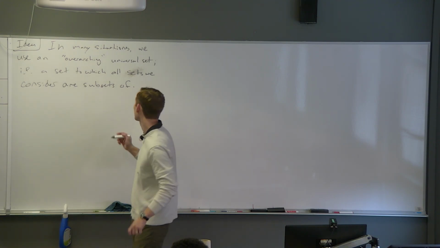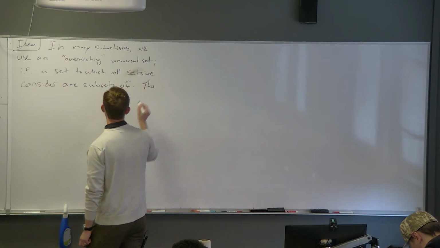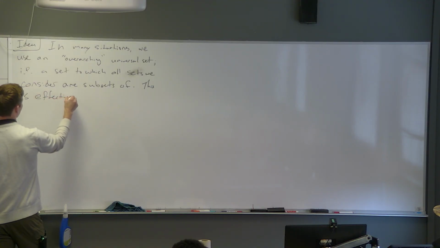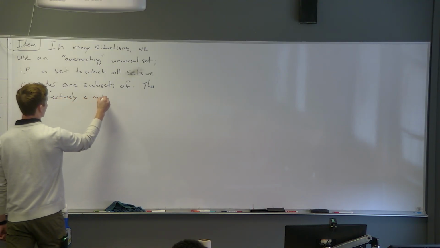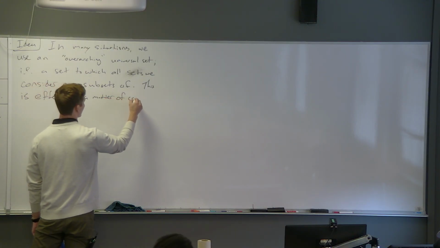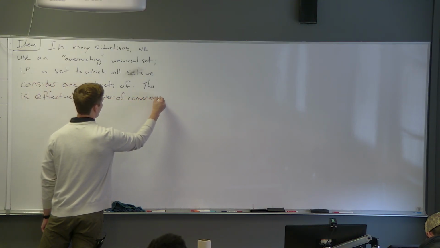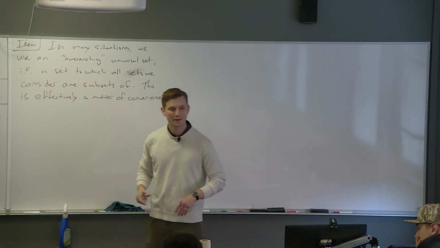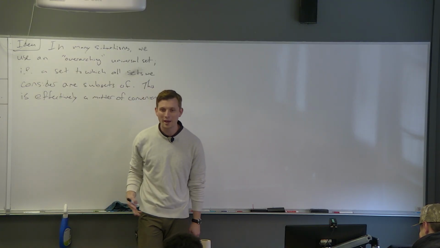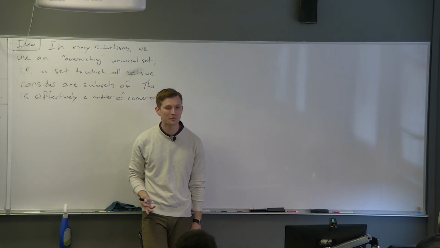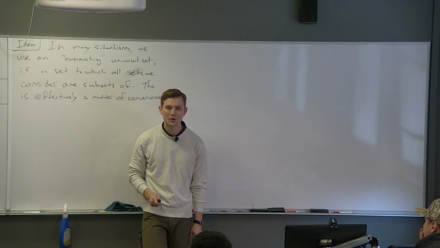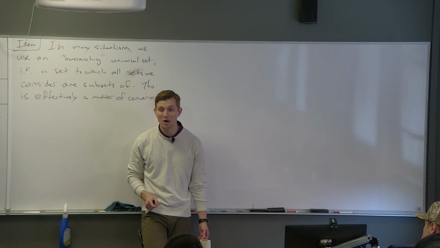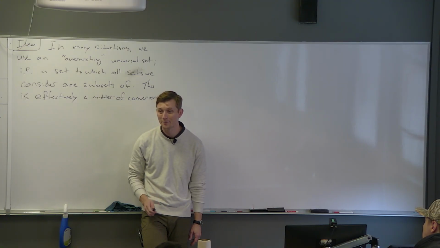This is effectively a matter of convenience. That is, most of the time we just assume this ambient universal set. It's basically just a matter of convenience, so you don't have to be extremely explicit about which sets you're talking about at all times, right?